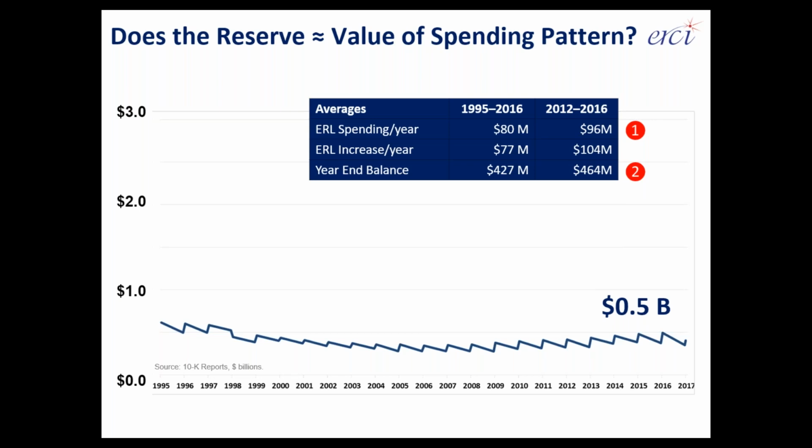The way the organization values that absolute liability, though, is at around $500 million over the last 22 years. In very few, very rare circumstances would it be appropriate to step back and say, cash flow of $100 million in and $100 million out equals a $500 million liability.